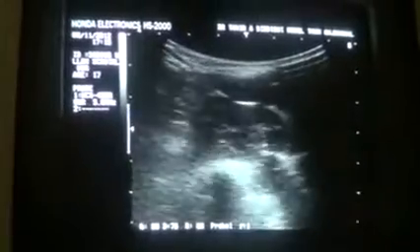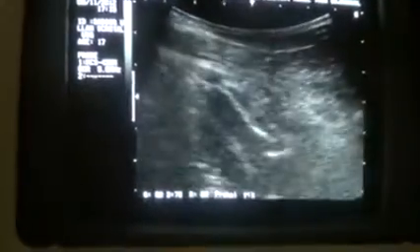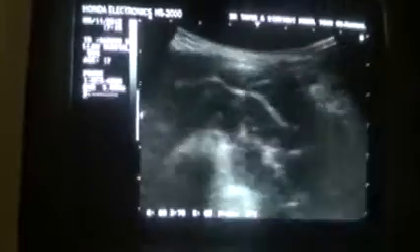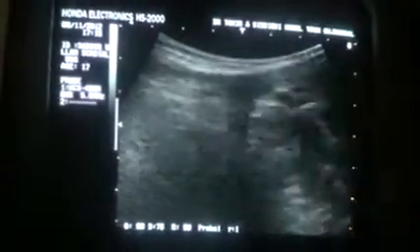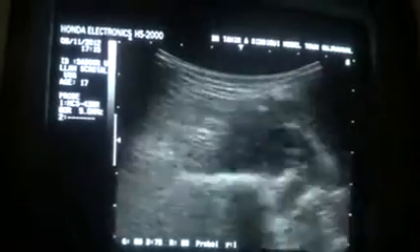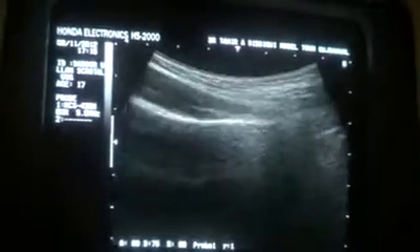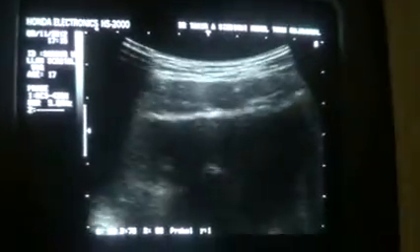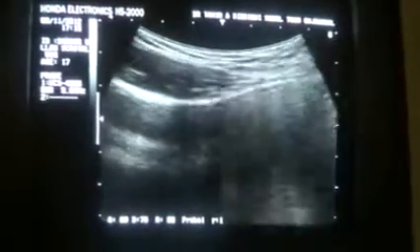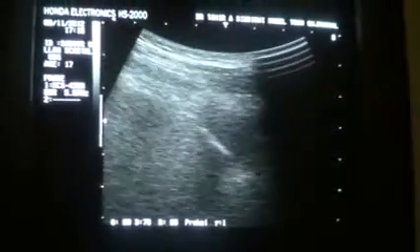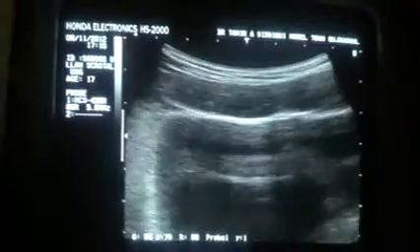This is the groin. Is it in the suprapubic location? No. No evidence on both sides. So the testis is not seen in any other location.